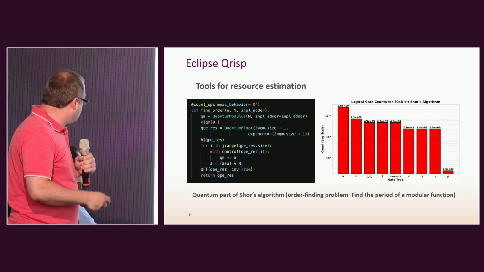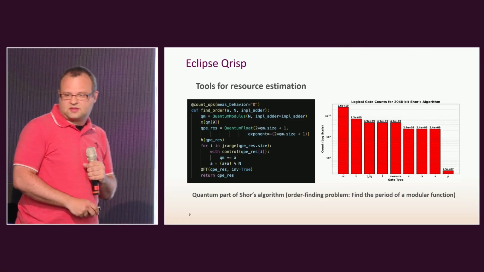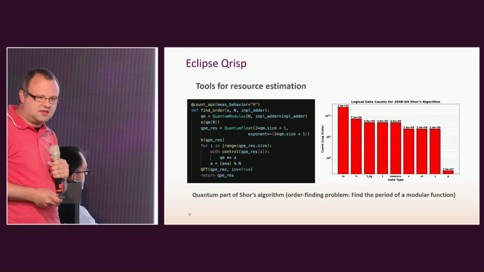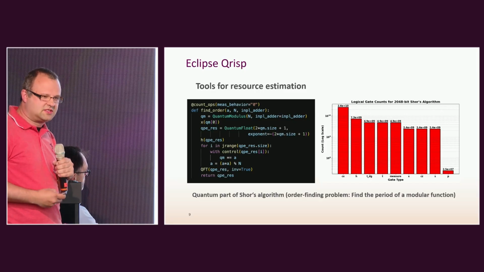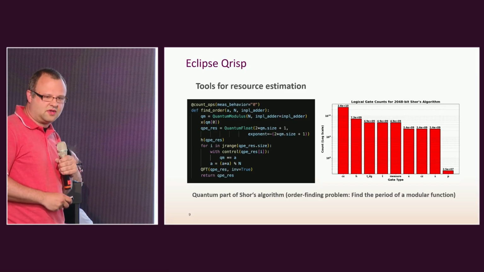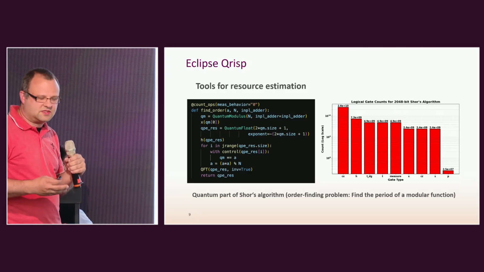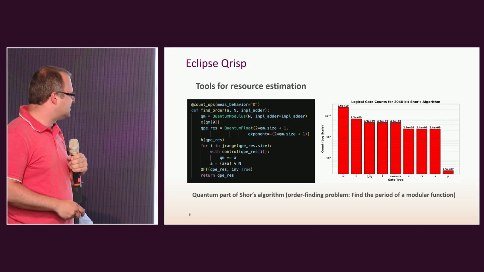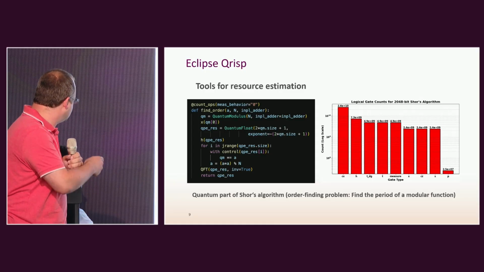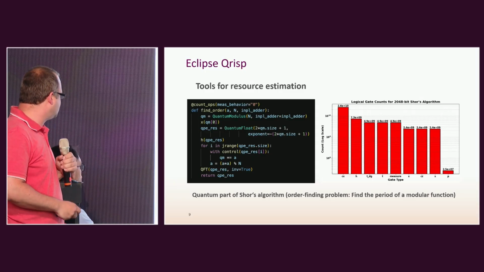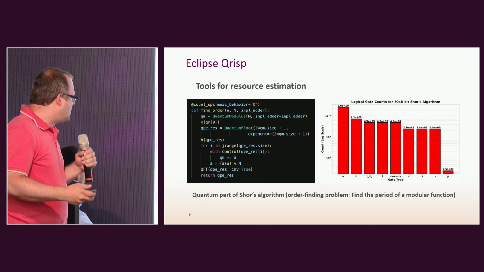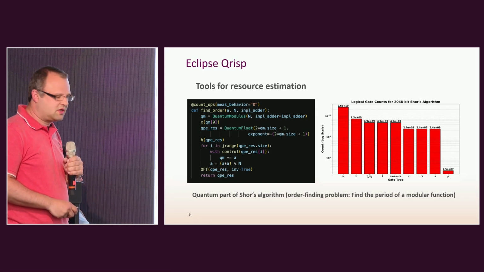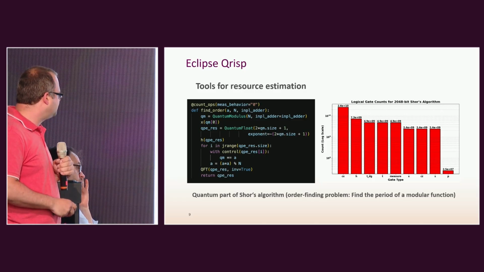What's also very important in terms of cryptography is maybe not in a NISQ era, not directly to simulate a certain algorithm on real hardware or with a simulator, but to do, for the future perspective, resource estimations. What you see here on the left-hand side is actually the quantum part of Shor's algorithm, which we know is the problem of finding the order of a periodic modular function.